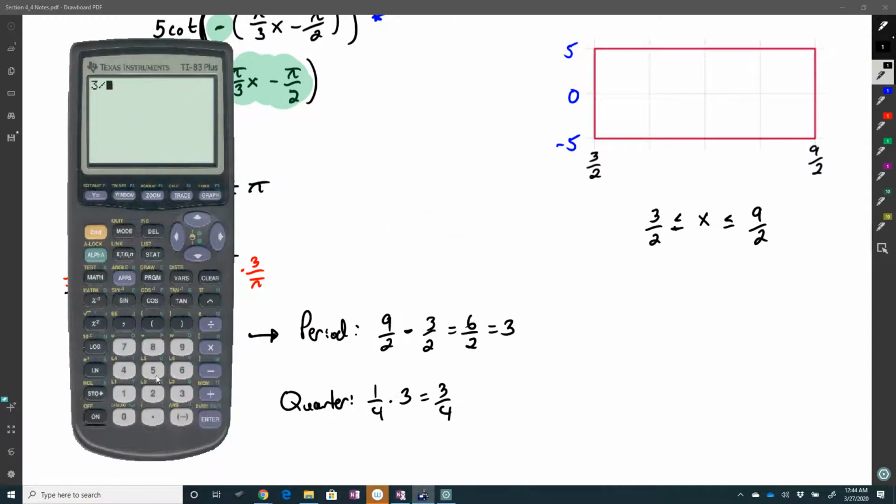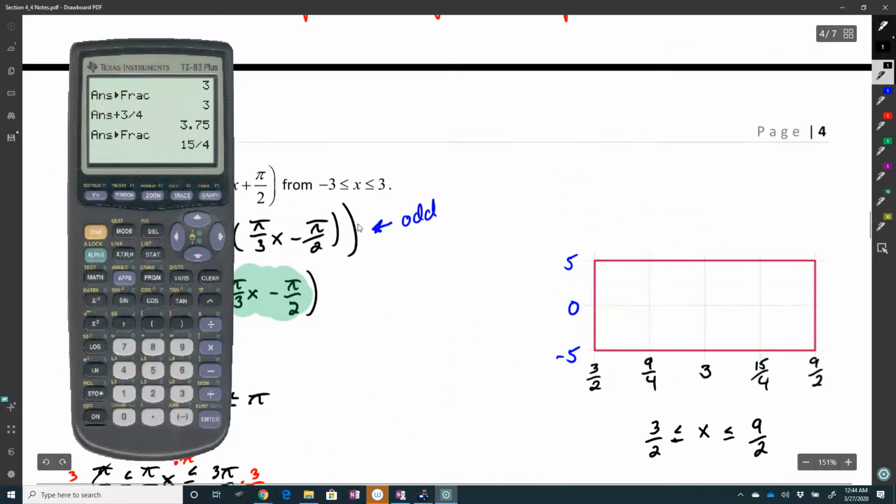So 3 halves plus 3/4. You can math frac that. 9/4 plus 3/4. Math frac that. Oh, sorry, that's 3. And then plus 3/4. 15 over 4.